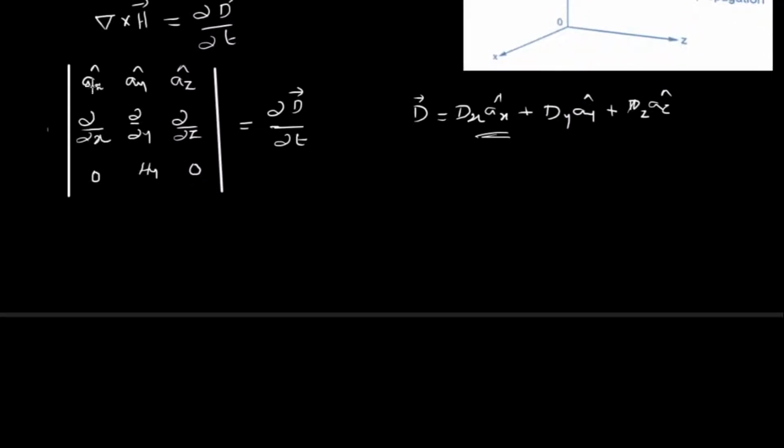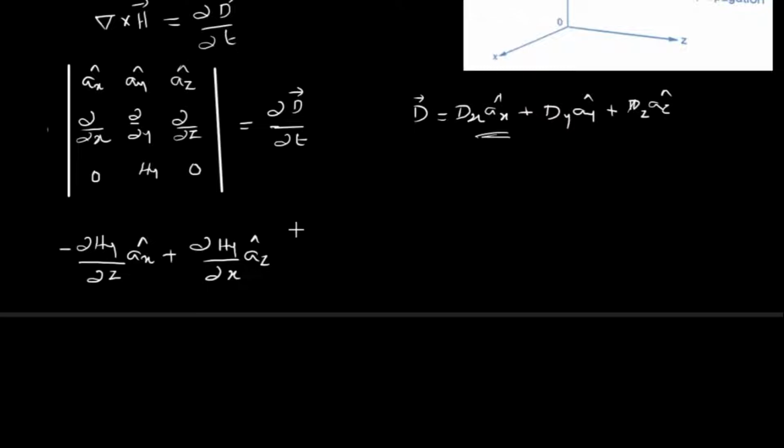finding the determinant, this is 0, so I have minus del Hy by del z ax cap plus, these two terms will be 0, so I will have the az cap term with respect to Hy, del Hy by del x, az cap. Finding the determinant is very straightforward.